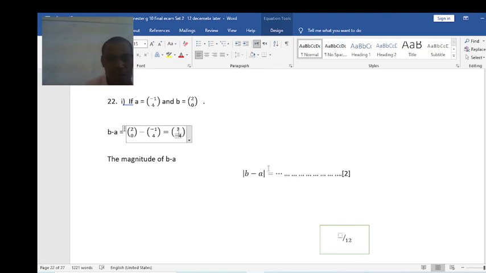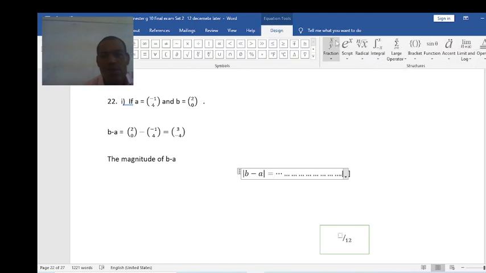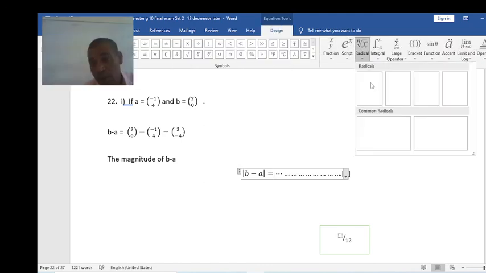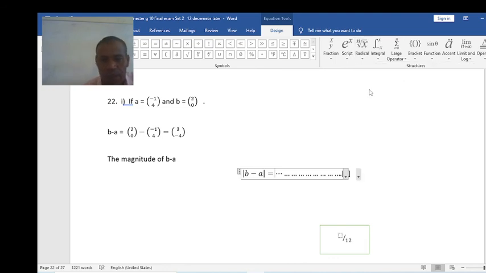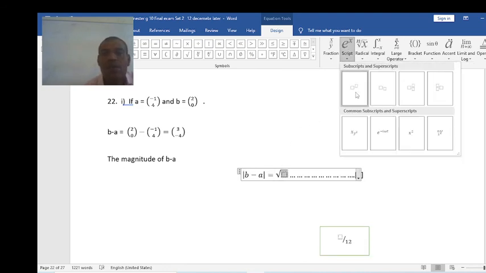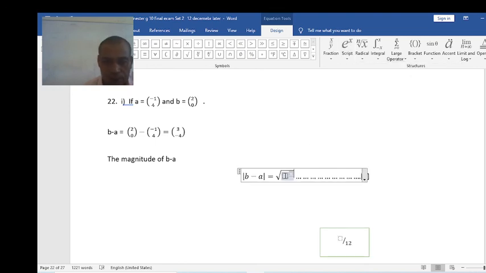Clear? Now to find the magnitude, it's very easy. We'll use the square root. The square root of, yes, then I will come here. I will make the square of 3 squared. 3 squared plus, what? Plus another script. It will be negative 4 between parentheses, negative 4 squared.